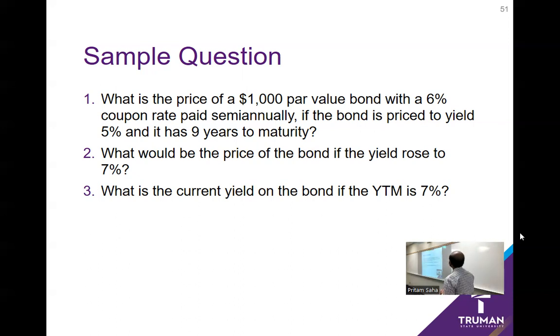Payment: 30. 6% on 1,000 is 60. Semi-annual payment is 30. Face value is 1,000. How much price did you get?